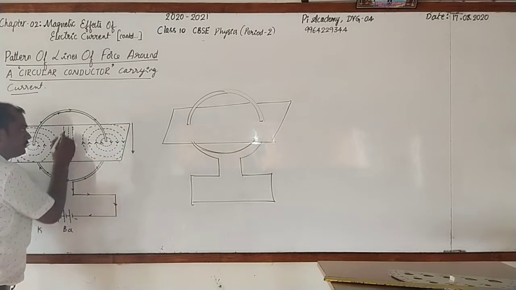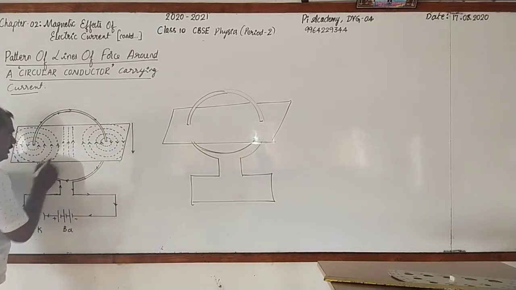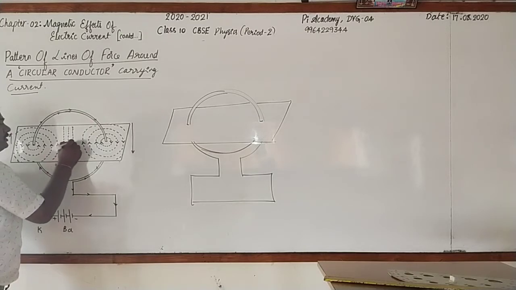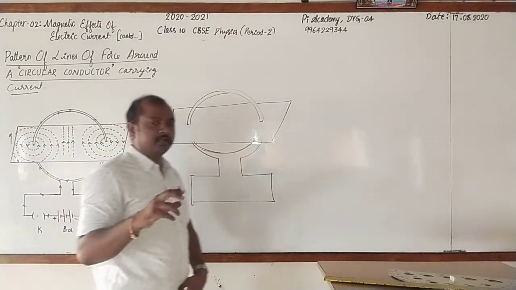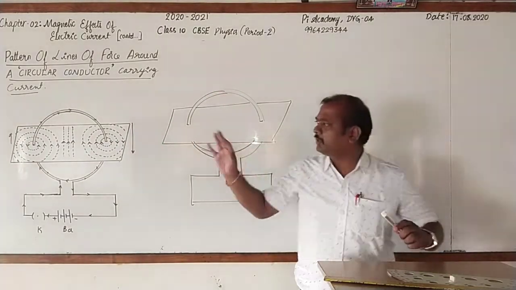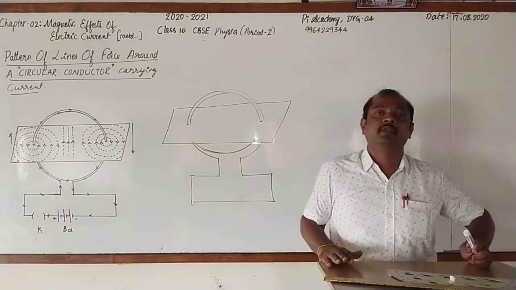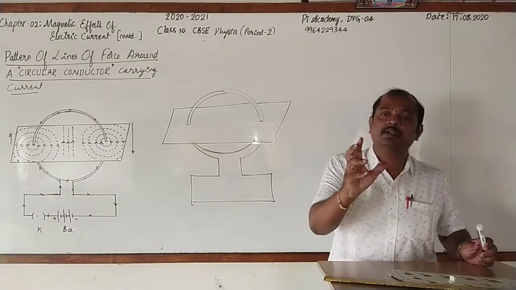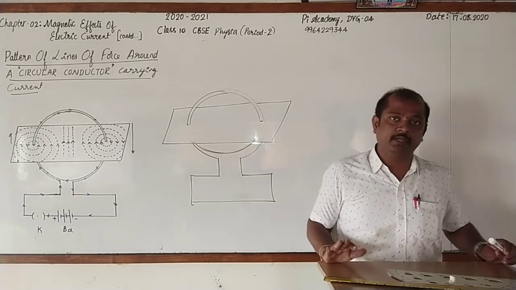See that, it comes here clockwise, here anti-clockwise. See that? It is straight and parallel. And do remember, wherever a magnetic field is developed, if the field lines are straight and parallel, then we can say that it is a uniform magnetic field.